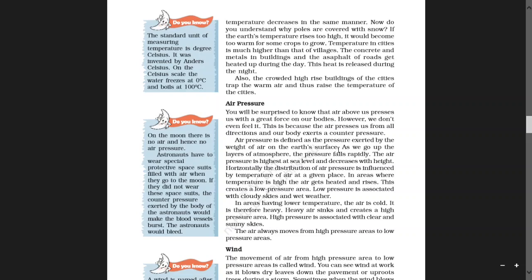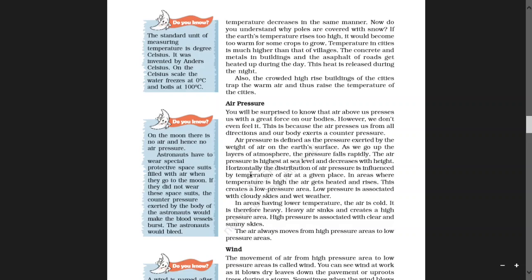As we go higher up the layers of atmosphere, the pressure falls rapidly. Come on, underline this one also. The air pressure is highest at sea level and decreases with height.